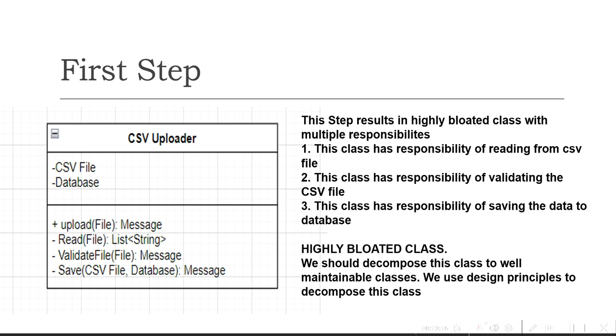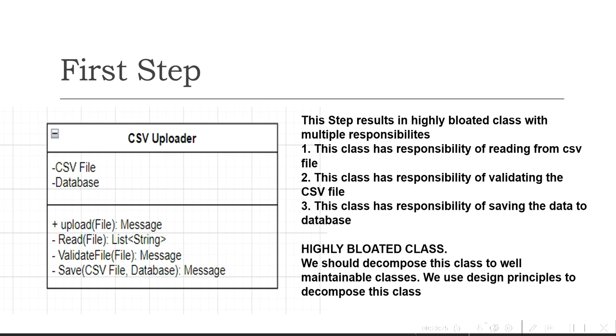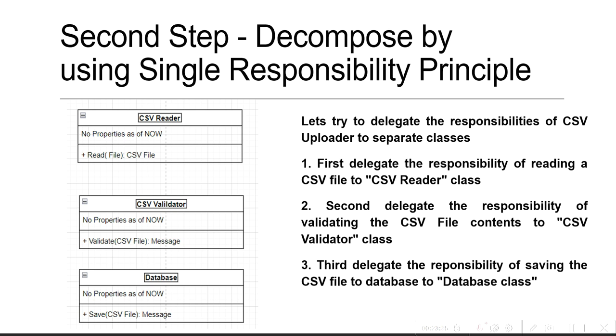Then in the next step, you'll use the single responsibility design principle to delegate each of the functionalities to a separate class. So read file, you are going to delegate, validate file you are going to delegate, and save you are going to delegate to a separate class. So you have three different classes based on the functionality.